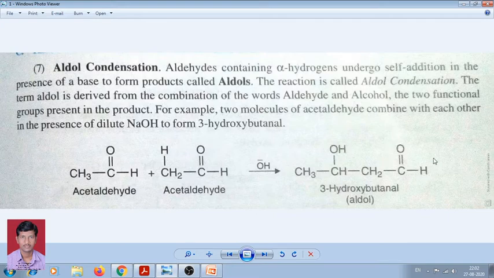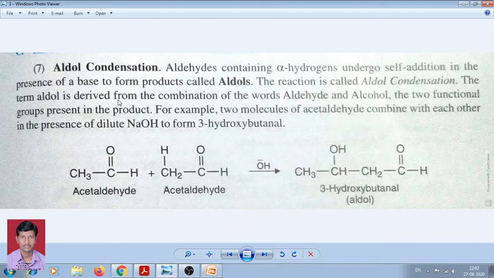And what is the functional group? Aldehyde. Therefore, here the suffix used is al instead of e in alkane. Therefore, 3-hydroxybutanal, and its common name is aldol.